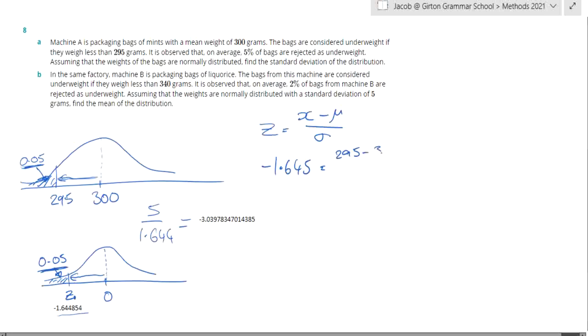The mean is 300. And sigma is what we're trying to find. And so rearranging that, we find that standard deviation is there.